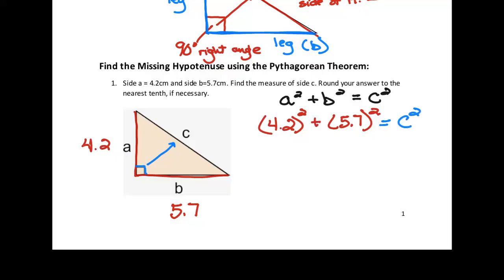You also are going to need to have a calculator, okay? Because you're going to have to take, at least for today, the squares of numbers.